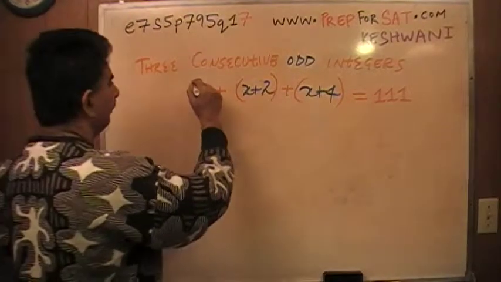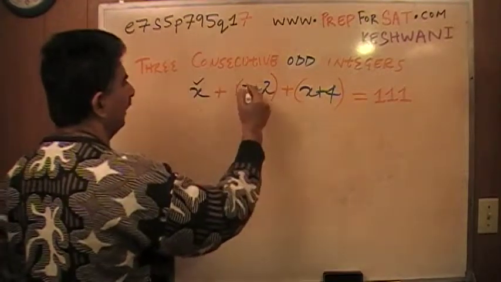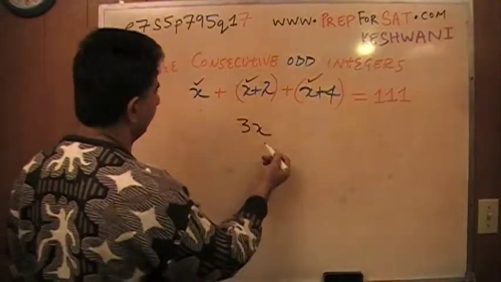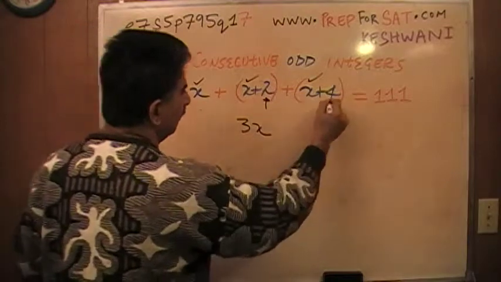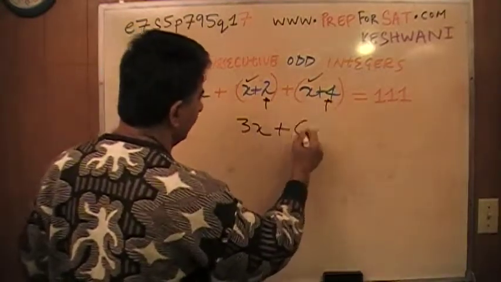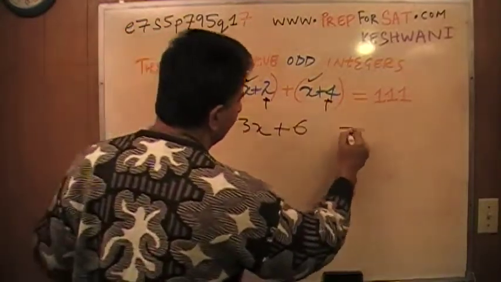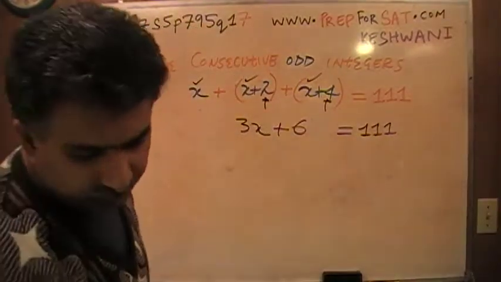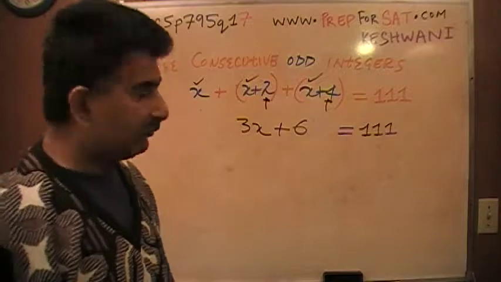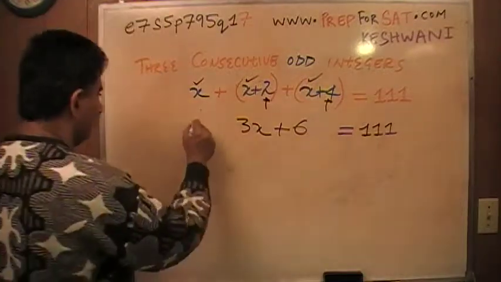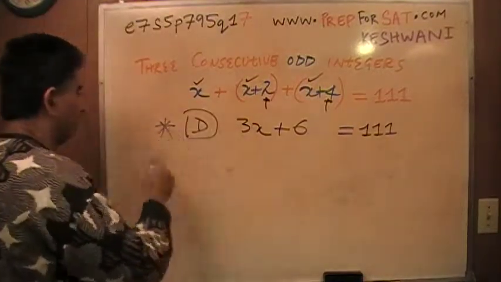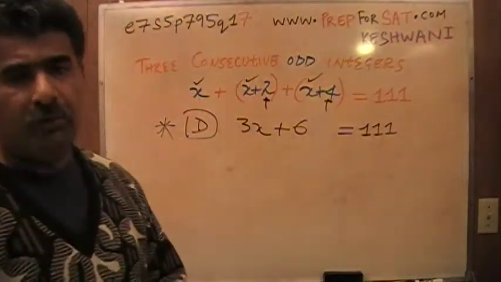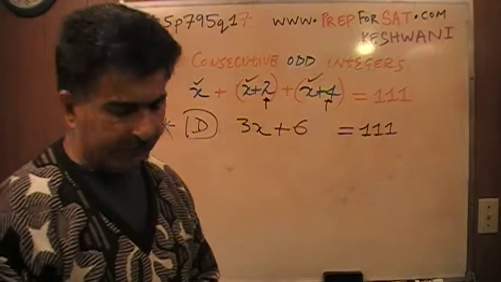I got 1x, I got 2x, I got 3x's, so it's 3x plus a 2 plus a 4. 3x plus 6 equals 111. That should be your answer. That's D. Answer choice D. That's all it is. That's all there was. Nothing to it.